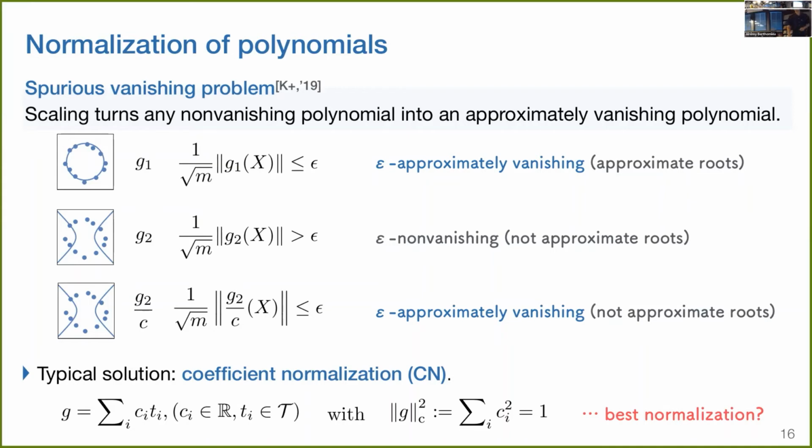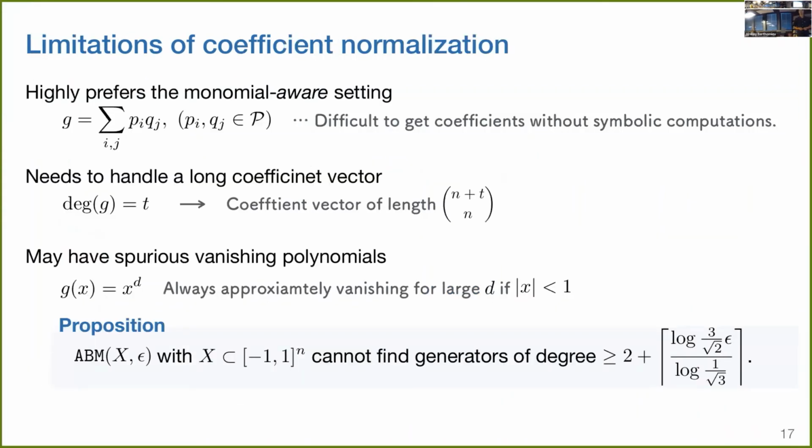But the question is whether this is the best normalization. Coefficient normalization has several limitations. For example, we are now interested in the monomial agnostic setting, but to get access to coefficients, we have to be aware of monomials.